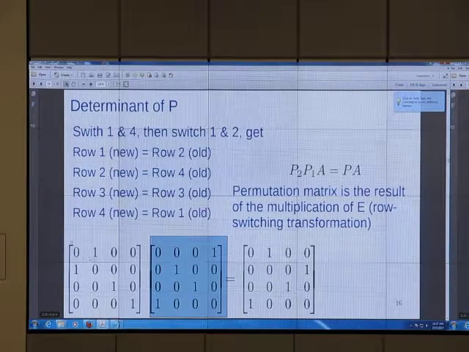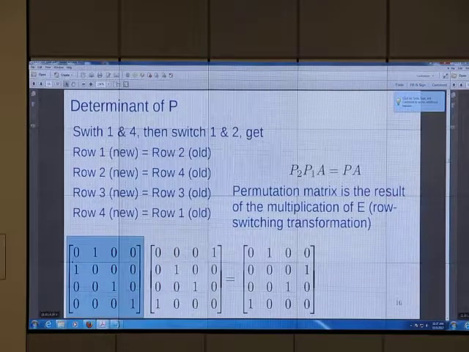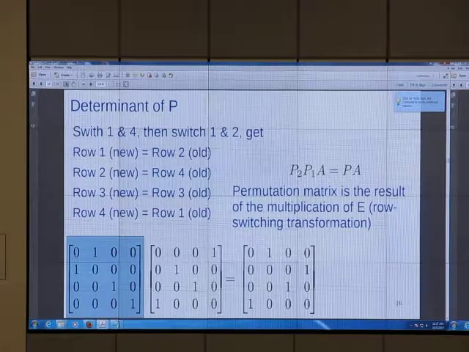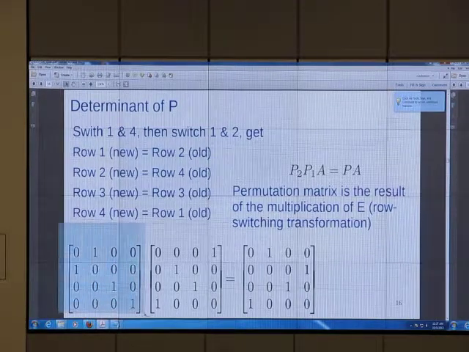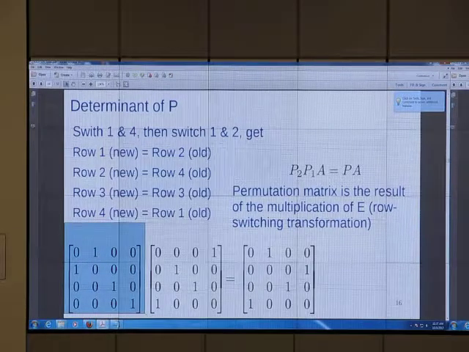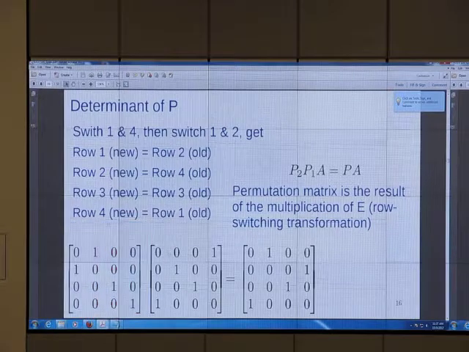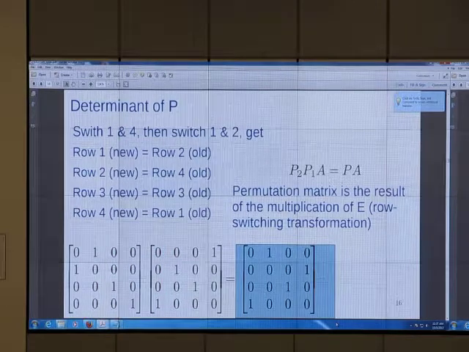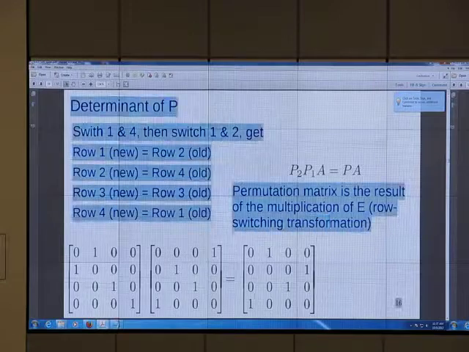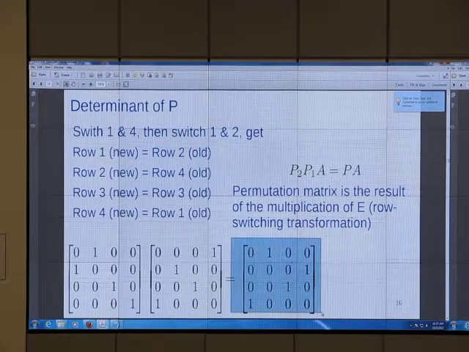And how about this one? It's similar to the identity matrix, except row 2 and row 1 switch. So if you multiply this on the left side of any matrix, the result is a switching between rows. These two multiplied together equal that. So if you want to switch twice, just do this, and then you are done.